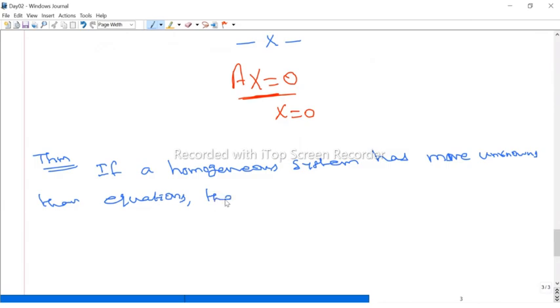This is only for homogeneous systems, not for non-homogeneous systems.